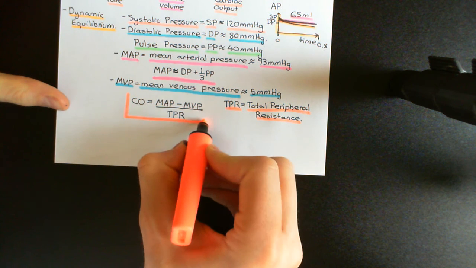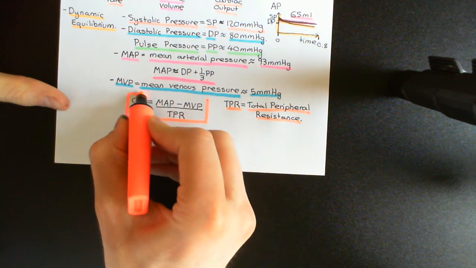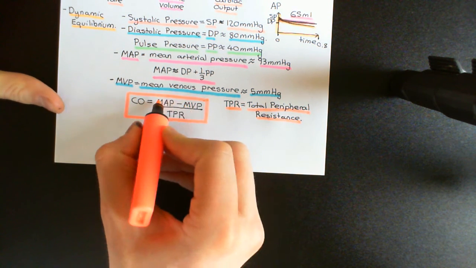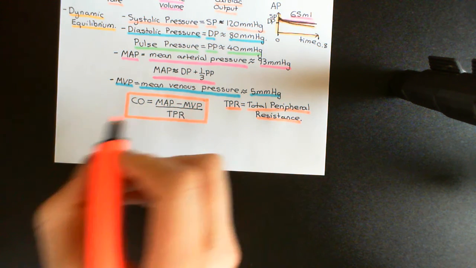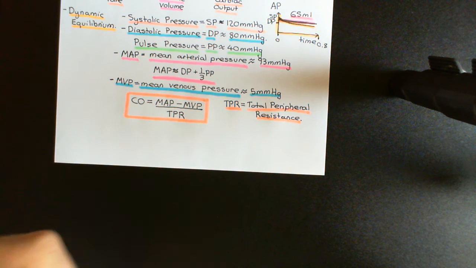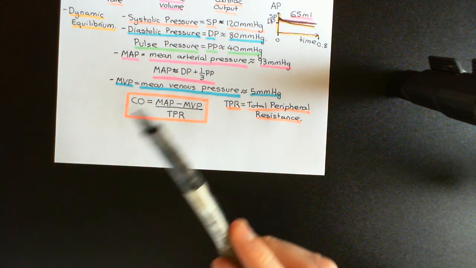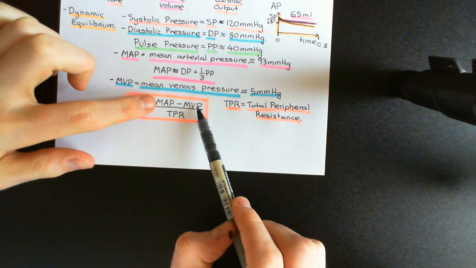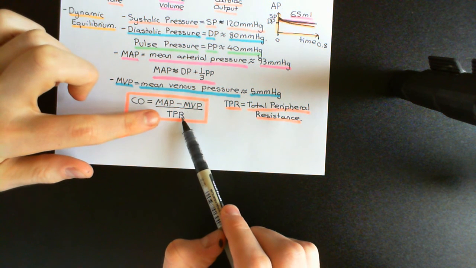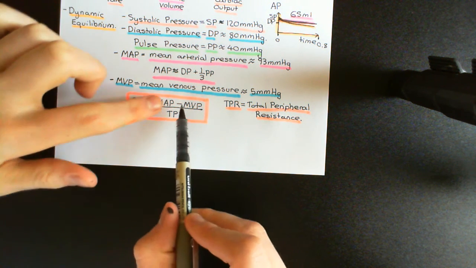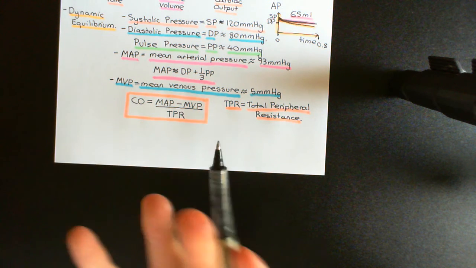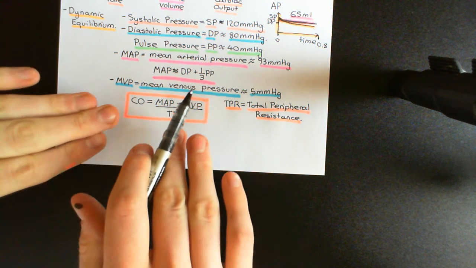Okay, that the cardiac output must be matched to the amount of blood that is flowing from the arterial system to the venous system, and how much blood flows from the arterial system to the venous system is dependent upon what the pressure gradient between the two is and how much resistance there is between the two. What these numbers actually are doesn't really matter. Okay, it's the concept that's important.